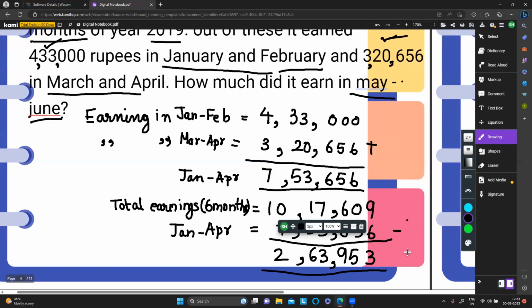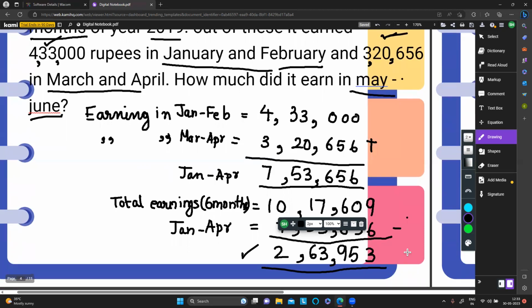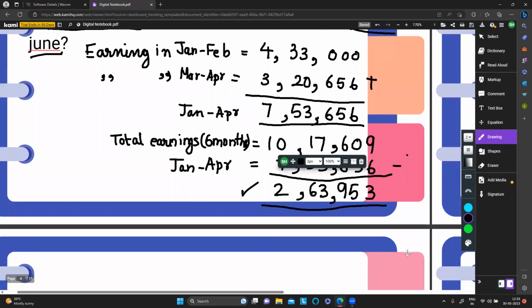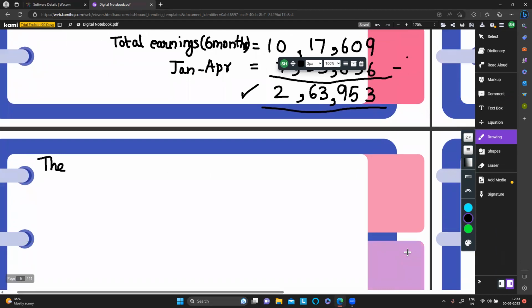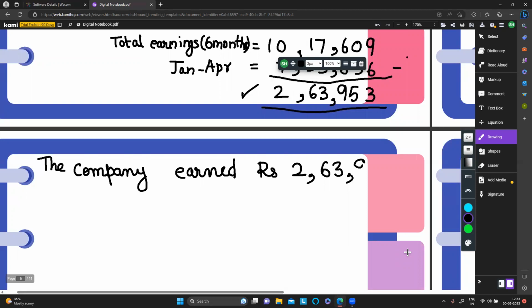So the company earned, what you have to write as the step is, the company earned rupees 2,63,953 in the May-June period. Okay, May-June.